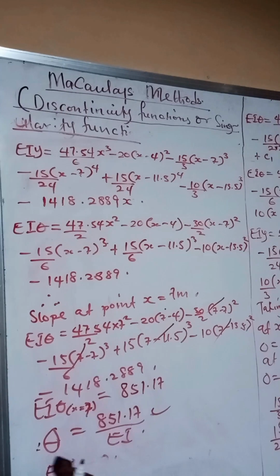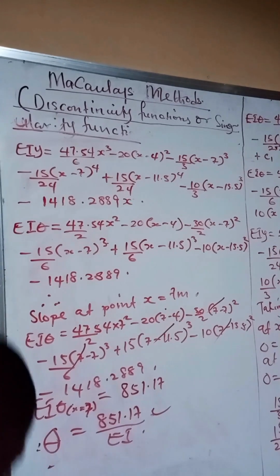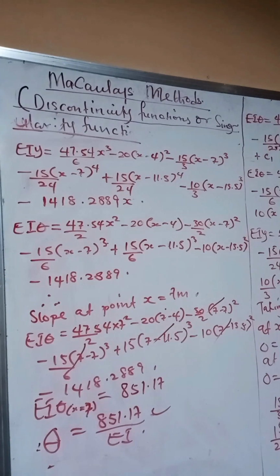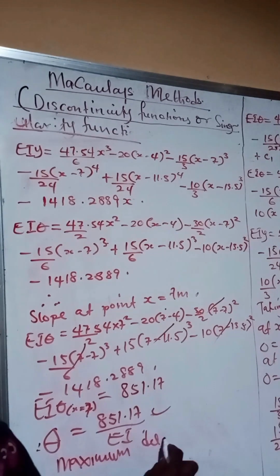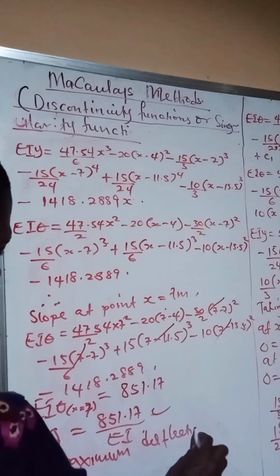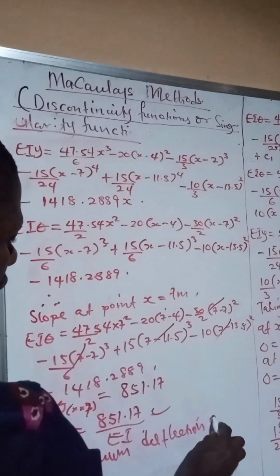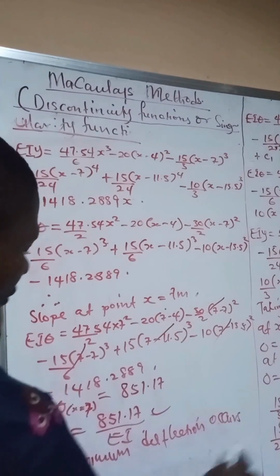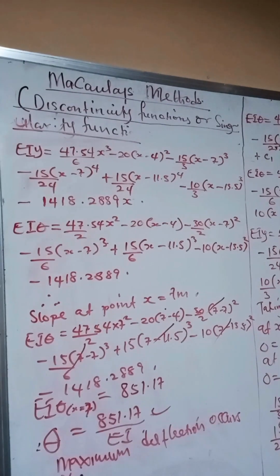So we can say maximum deflection occurs where EI theta is equal to 0.